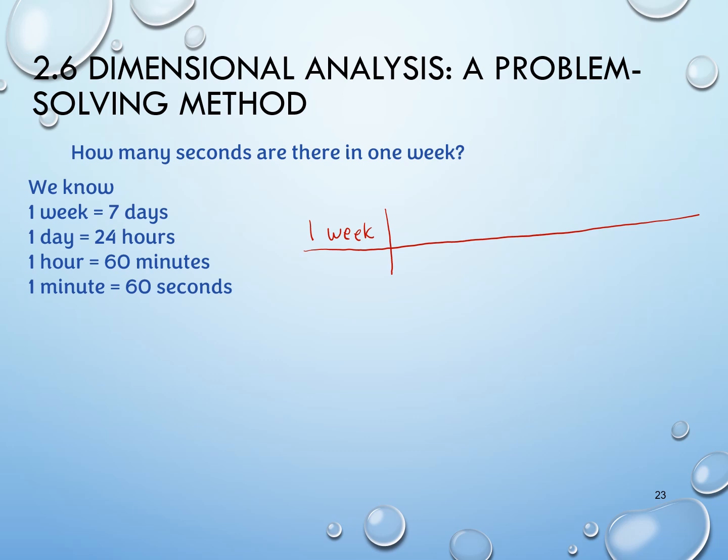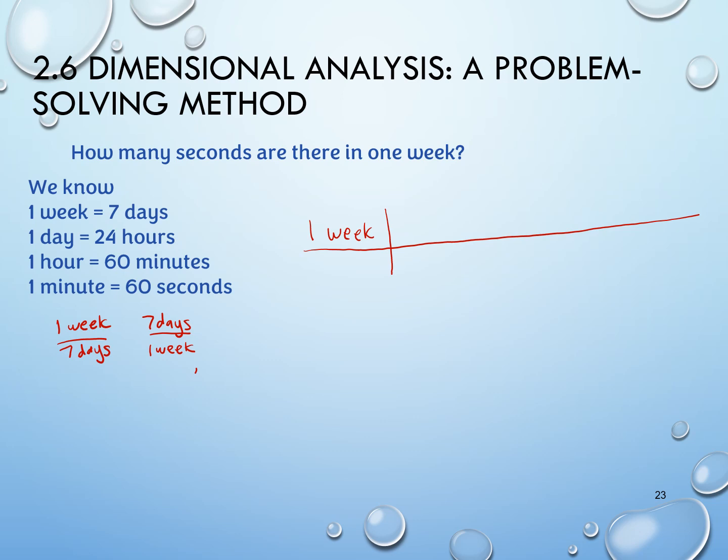Okay, so 1 week, the next unit I want to convert to is 7 days. 1 week is 7 days, right? And I know that 1 week and 7 days are exactly the same. So whether I write 1 week over 7 days, or 7 days over 1 week, they're going to be the same thing.